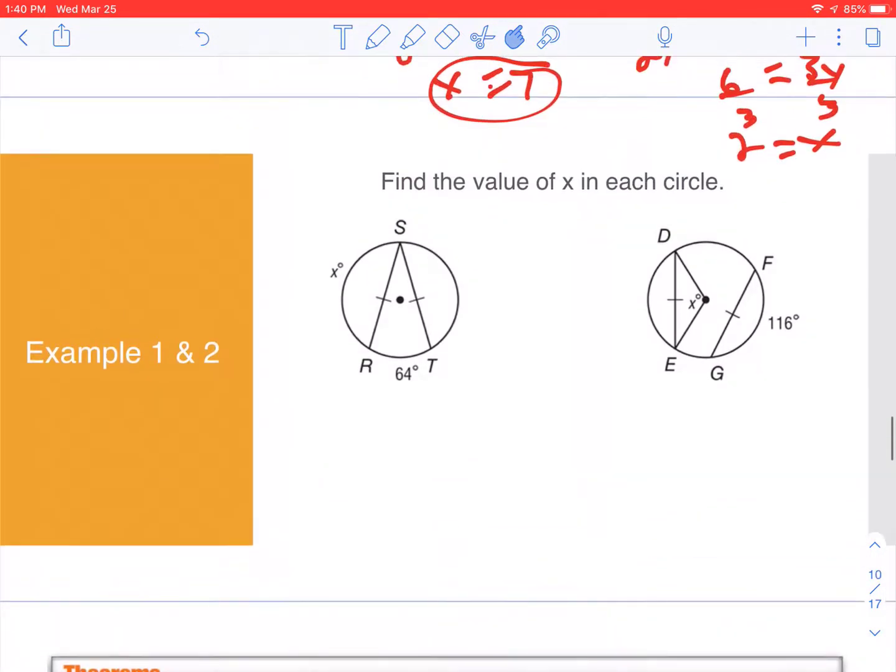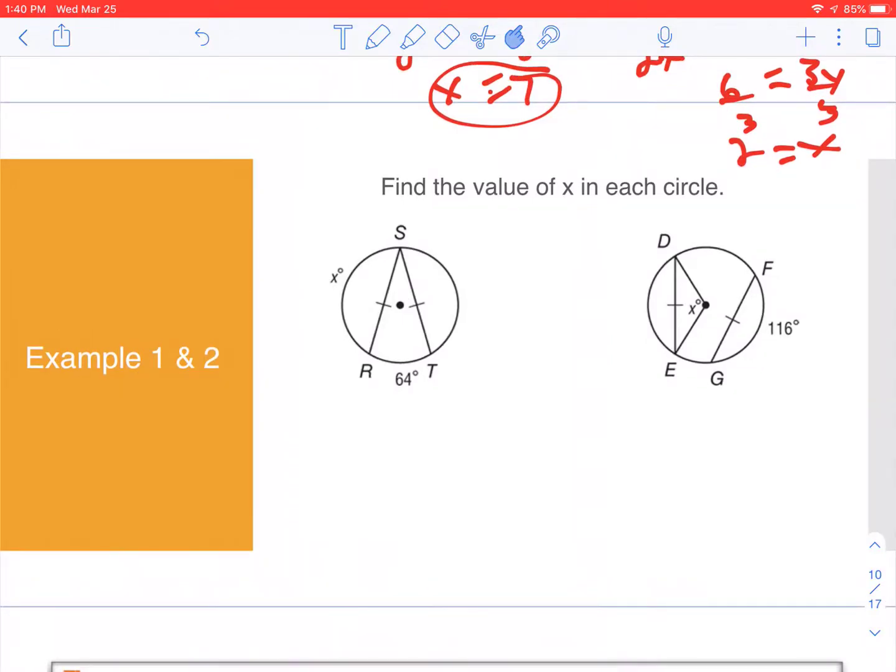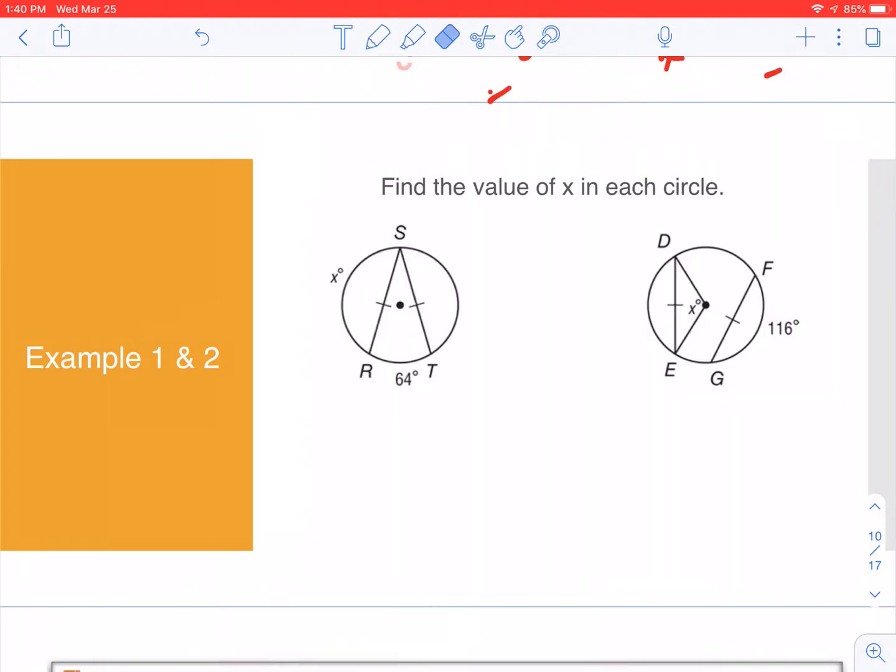This is going to be our last section here. I'm actually going to erase this stuff because I don't want to see my scribble. Okay, so if ST and SR are equal, then this and this are equal.